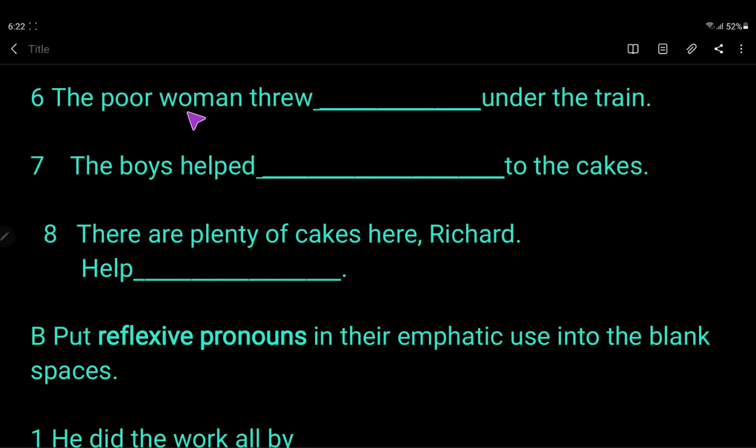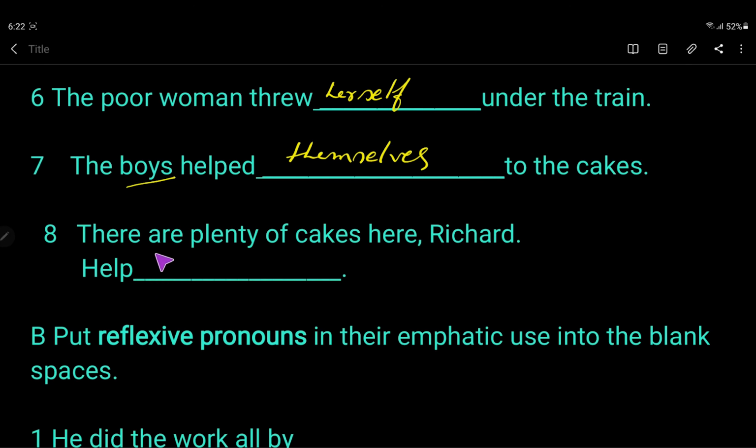The poor woman threw herself under the train. The boys helped whom? The boys helped, this is plural, you should remember. So, themselves. Themselves to the cakes. There are plenty of cakes here, Richard.